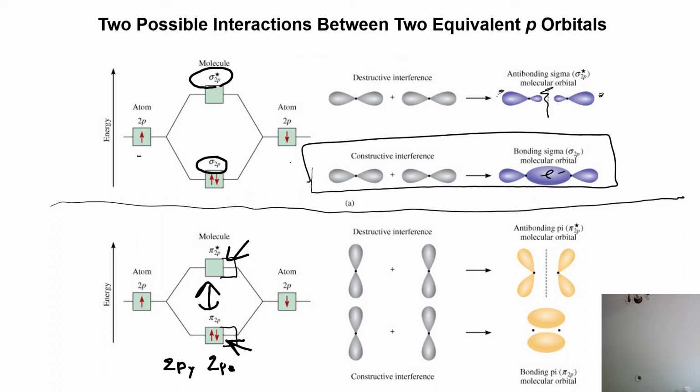These are interacting side by side, and we get that electron density above and below the nuclei. If this is destructive interaction, we're again going to have that planar node, so there is no electron density between the nuclei, and that is the antibonding orbital.